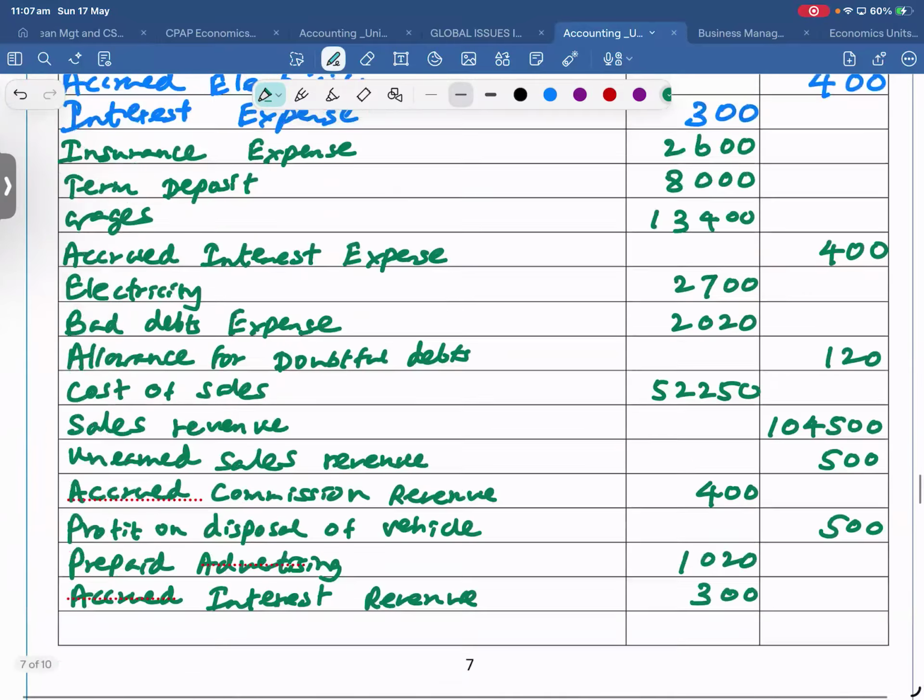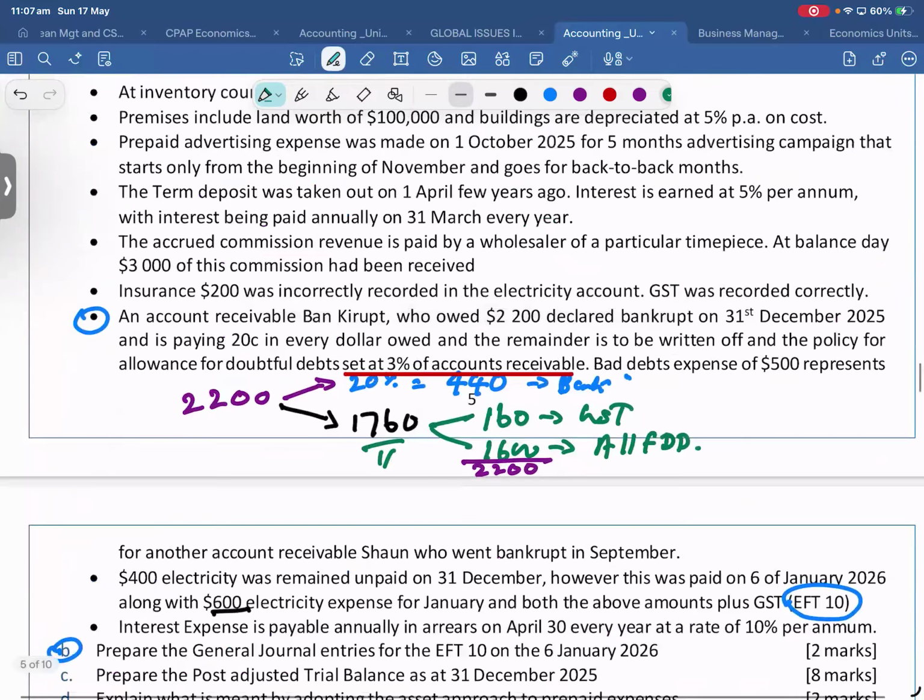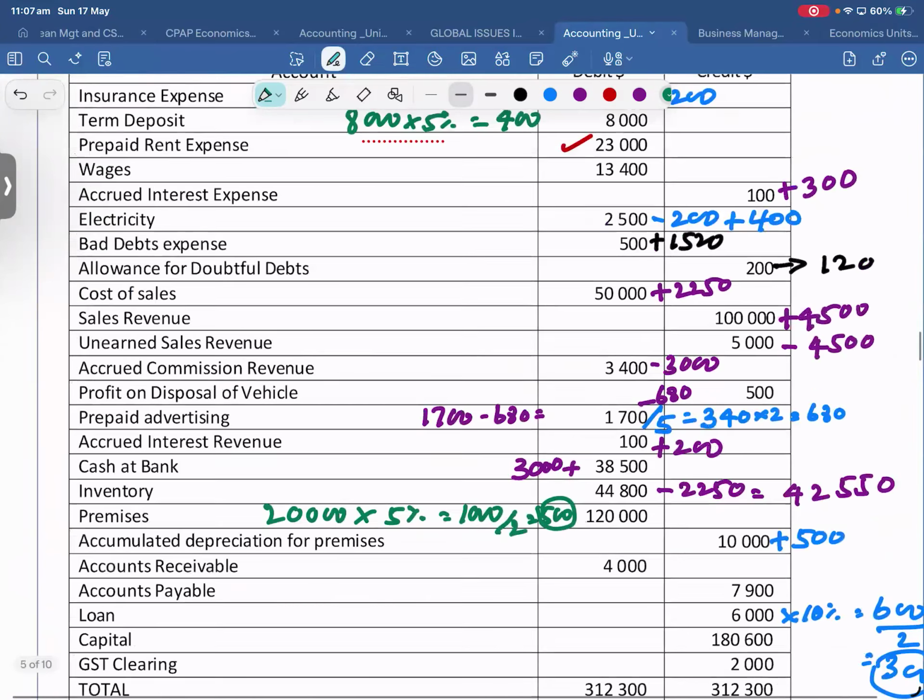Right. Next one, guys. Cash at bank 41,500. Inventory 42,550.